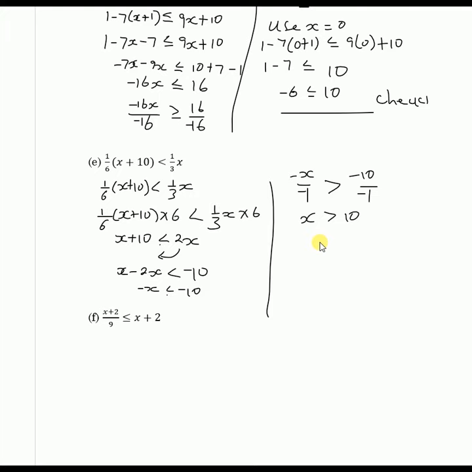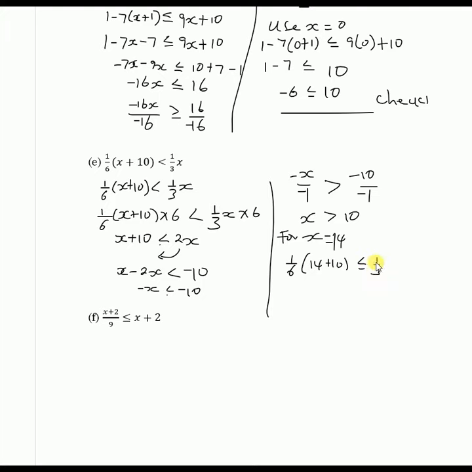Now to check this, I am going to use a value of x greater than 10. Let me use 14. x equal to 14. In that case, I shall have 1 over 6 into 14 plus 10 is less than or equal to 1 over 3.